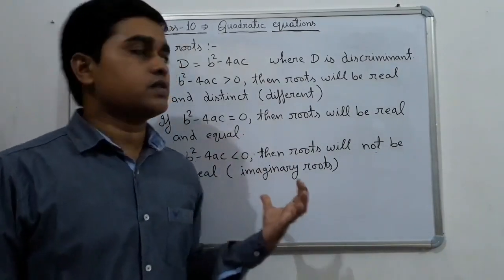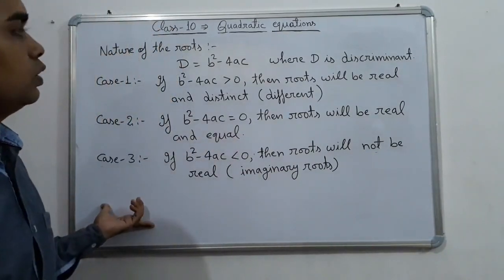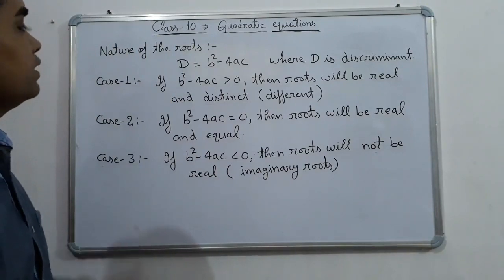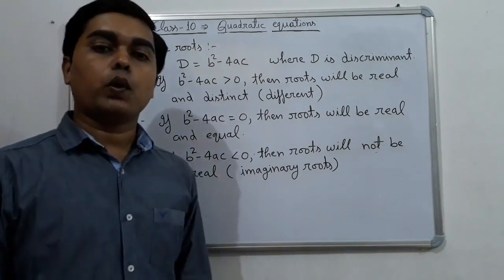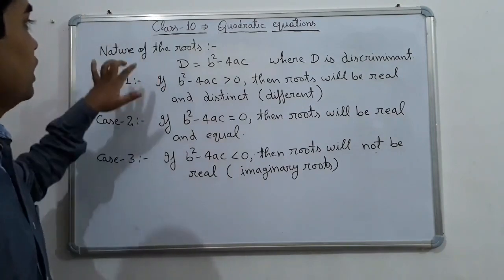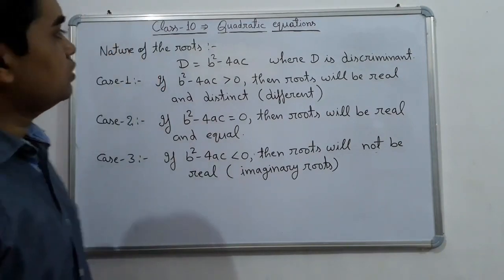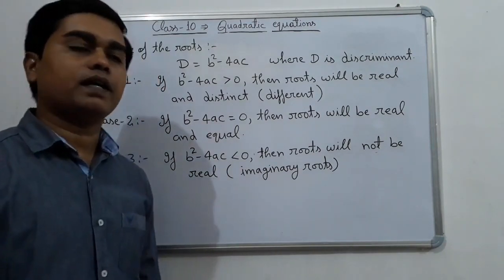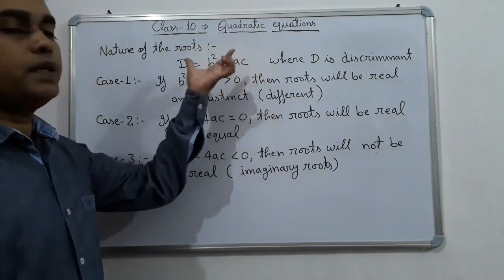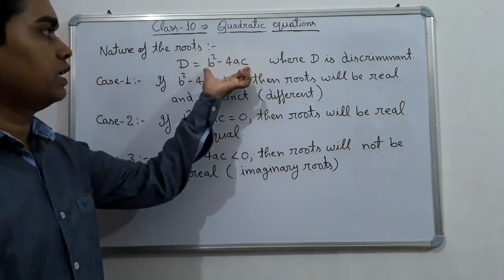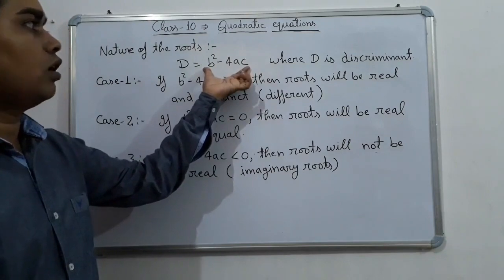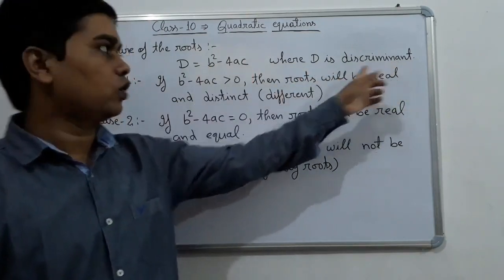Children, now we will discuss about the nature of the roots. So how we can find the nature of the roots for the quadratic equation. Okay. So nature of the roots depend on the value of b square minus 4ac. This quantity is called discriminant. Okay.